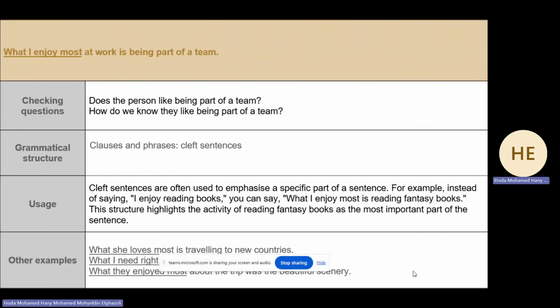For example, we use cleft sentences to explain and to emphasize a specific point. We have here an example at the bottom. What she loves most is traveling to new countries. Or you can say, what I enjoy most is helping animals.